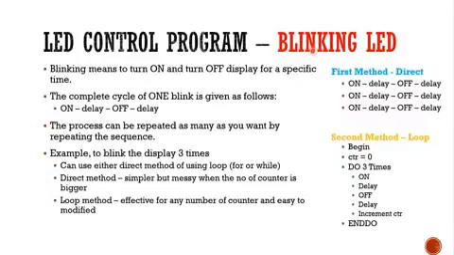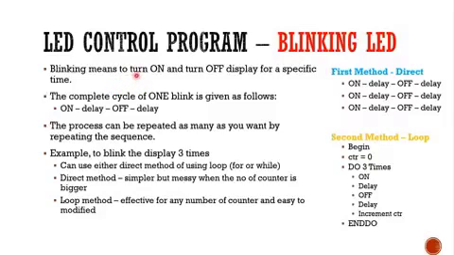We can diversify the program by making this LED blink at a specific rate. Blinking means that we need to turn on the LED. It can be any color, because the question does not specify a particular color. So the objective is to produce a blinking LED.